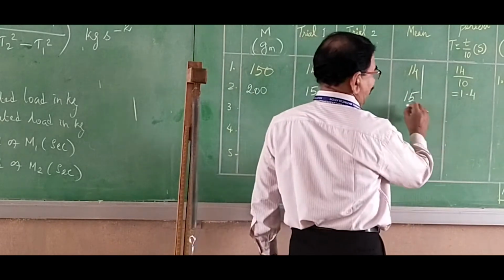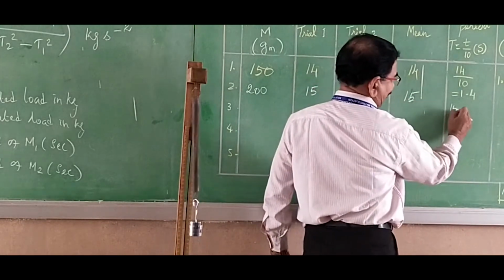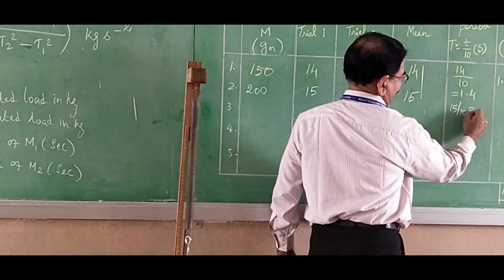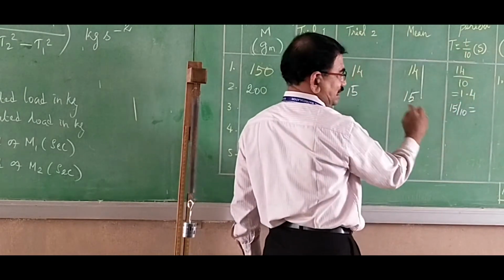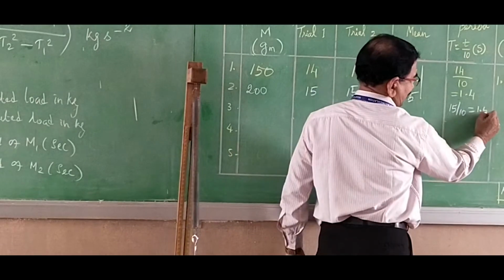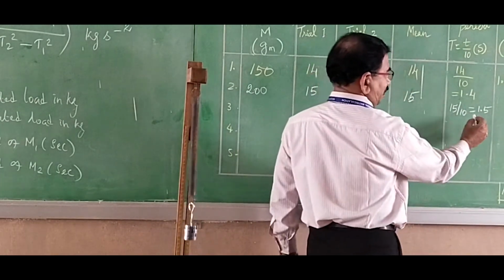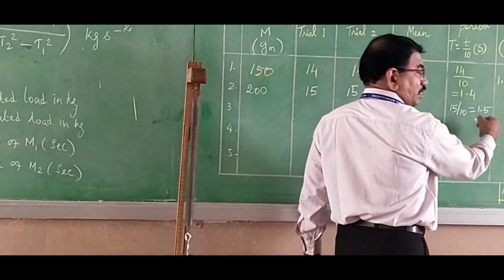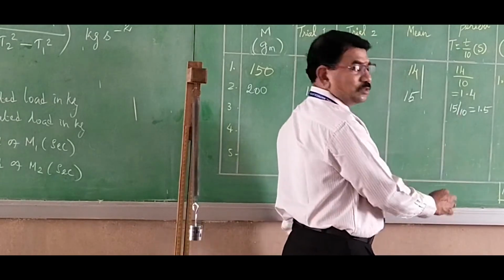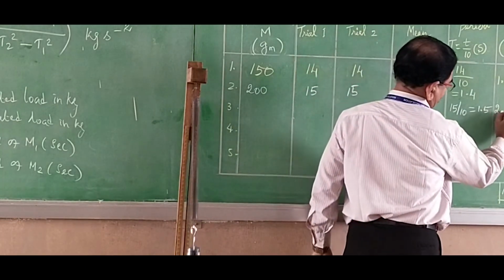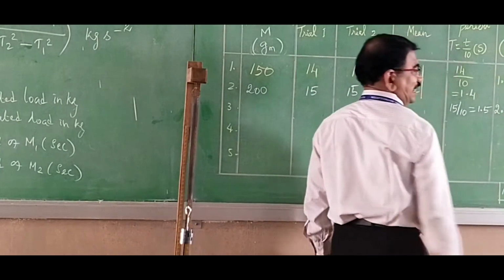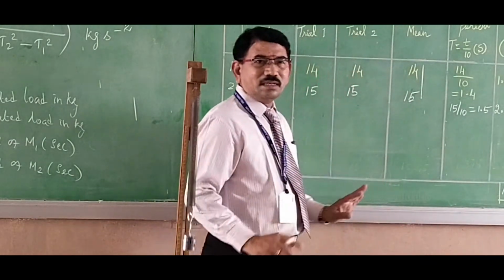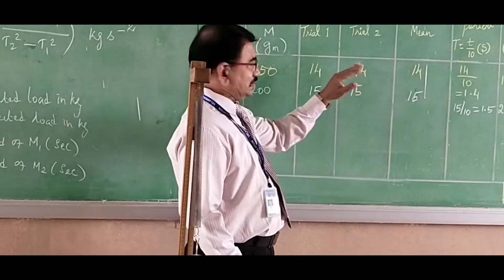And we calculate 15 divided by 10 to get the time period of 1 oscillation. We get 1.5 seconds. And we square it. We get 2.25 seconds square.